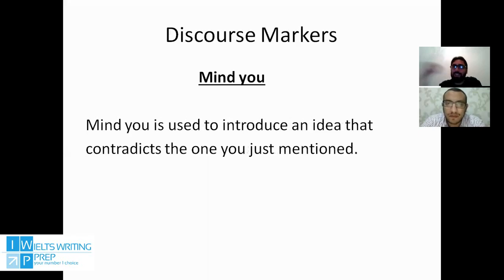Mind you. So you said something, and now you're going to say something that maybe contradicts it in a way, or is a bit contrasting. Let's say, for example, you're talking about the positives of something, then you just want to throw in a negative. Let's say you just bought a new phone, and you're talking about the positives.